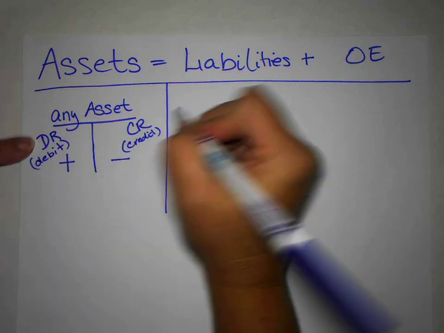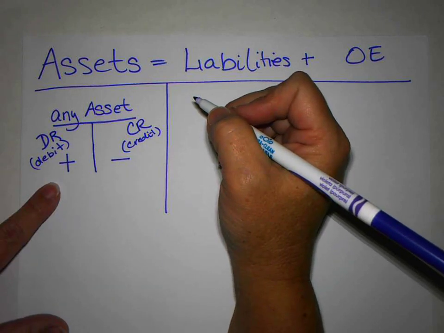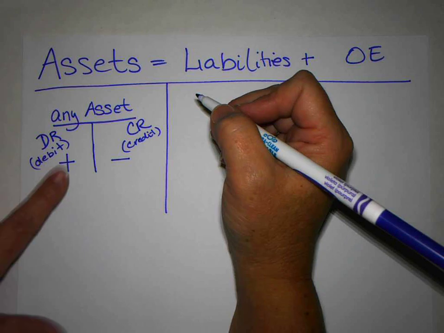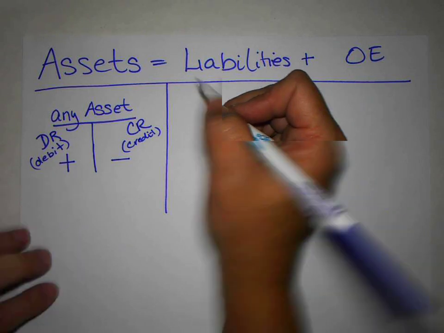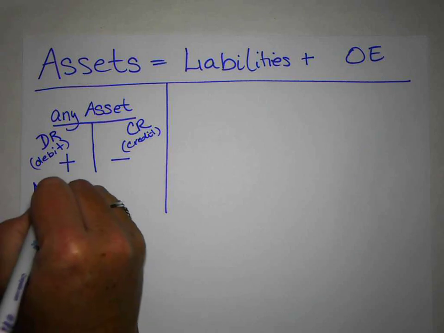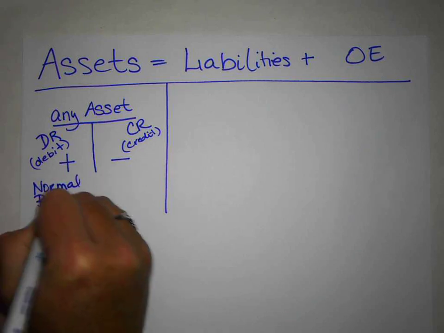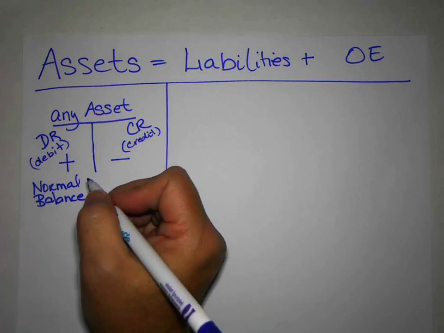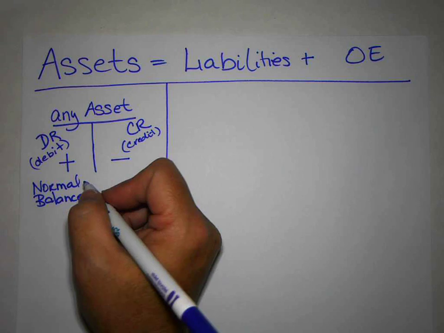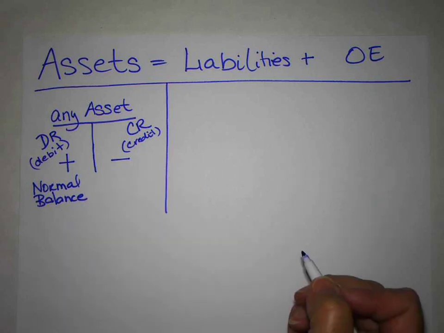Debit's on the left, credit's on the right. The increasing side of an account is also called the normal balance side. You're going to hear me talk about the normal balance side. You're going to have to know what the normal balance side is, especially when it comes to actual questions from the textbook and the tests and the quizzes and those kinds of things.